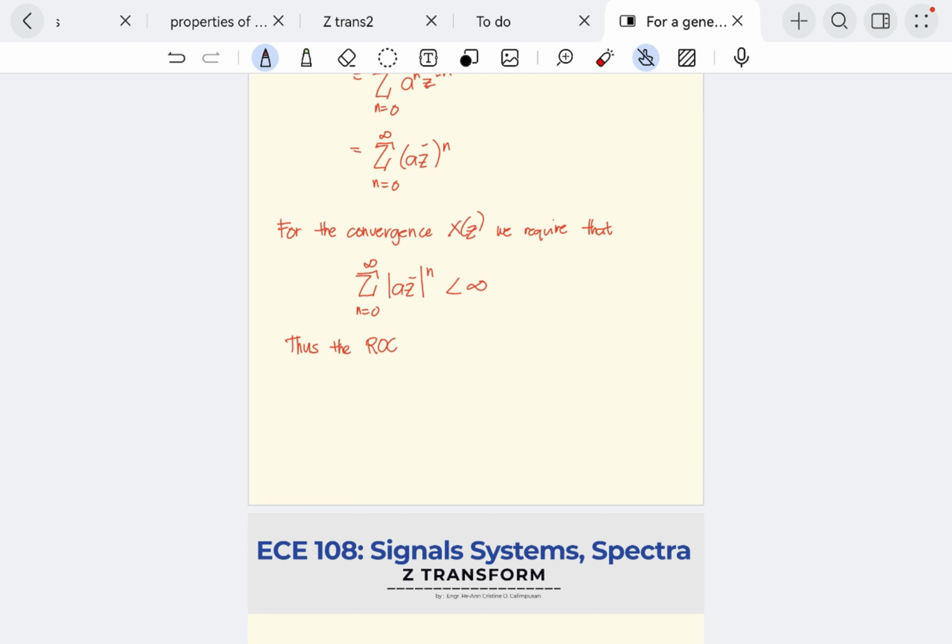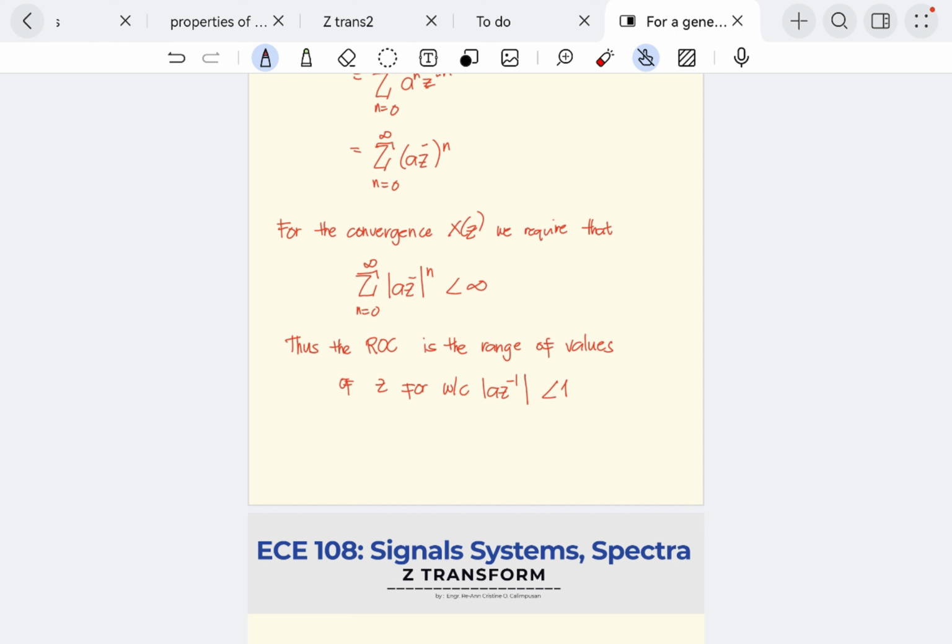Thus, for the region of convergence, in order for it to converge, the range of values of z must be such that the absolute value of alpha z to the negative 1 is less than 1.